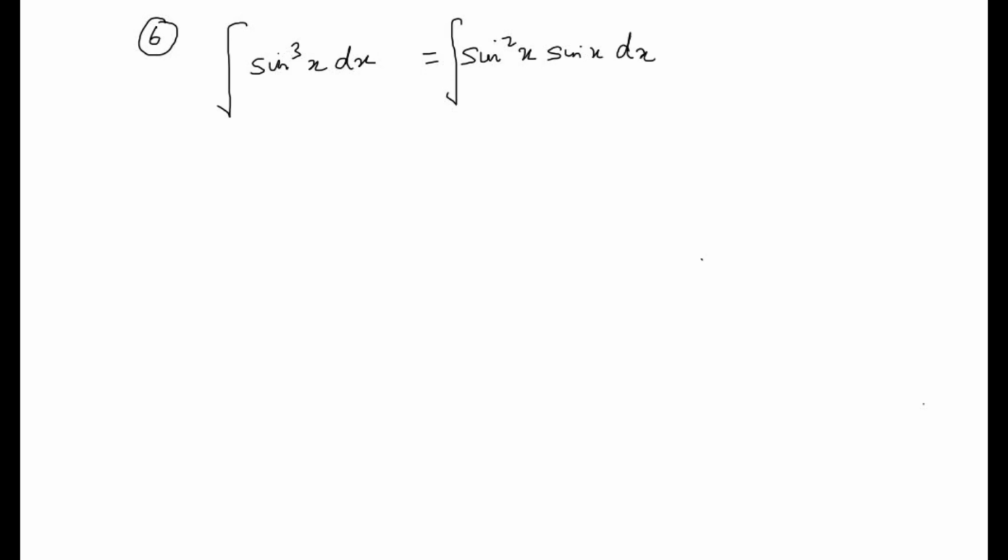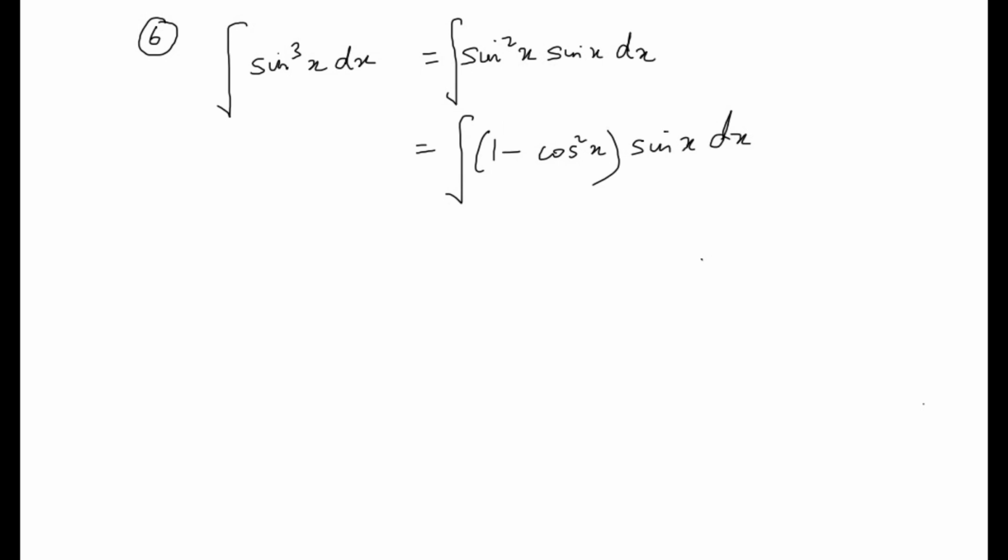And then we'll replace the sin²x with 1 minus cos²x into sin x dx. Okay, after this, there are a couple of different ways to solve this. But since it is a sine and a cos expression multiplied into each other, I would just go with substitution.